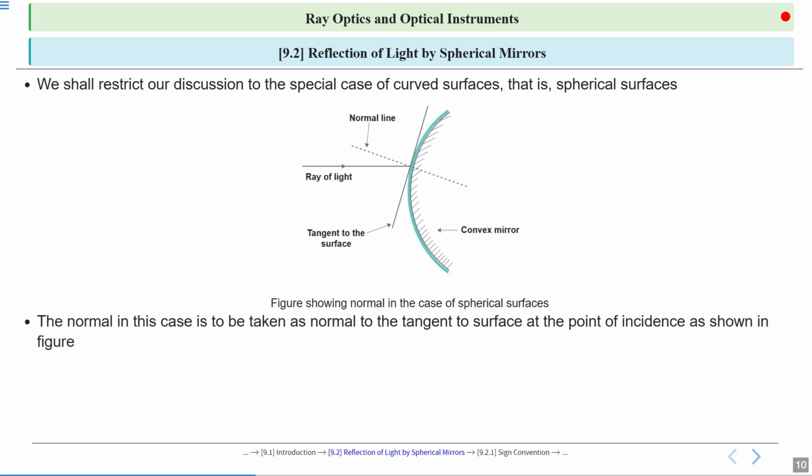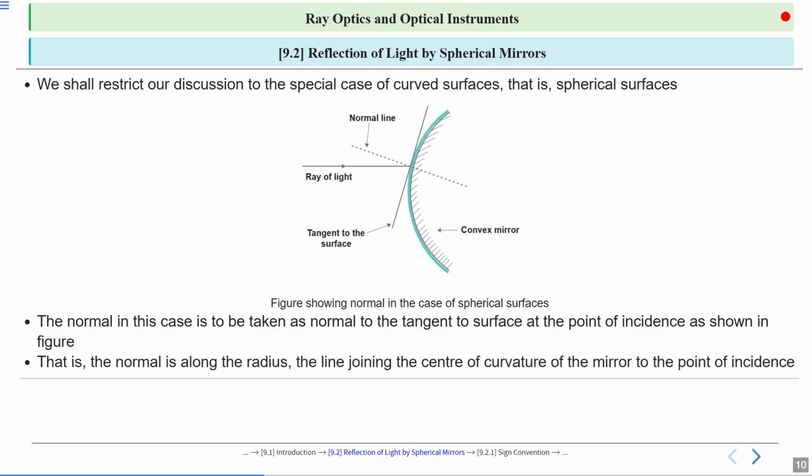The normal in this case is to be taken as normal to the tangent of the surface at the point of incidence as shown in the figure. That is, the normal is along the radius, the line joining the center of curvature. So what is the center of curvature? This mirror is a part of a sphere, so that sphere will have some center.